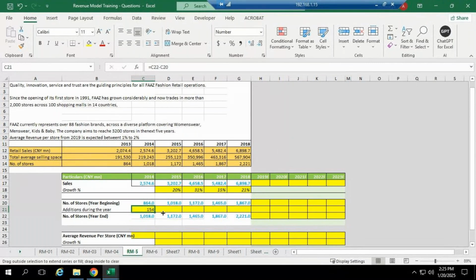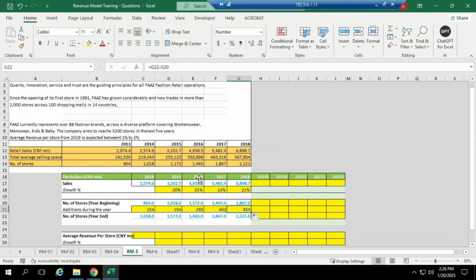Now you have to drag it over here. That's all. Okay, so now 154, 293 stores have been started. 402. Okay, so 354 have also been started.